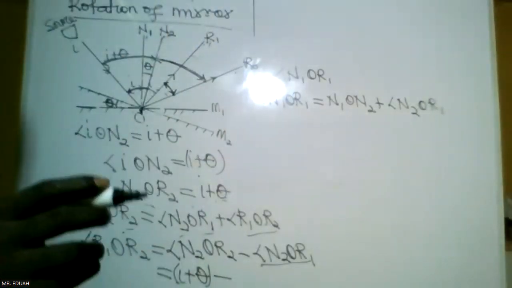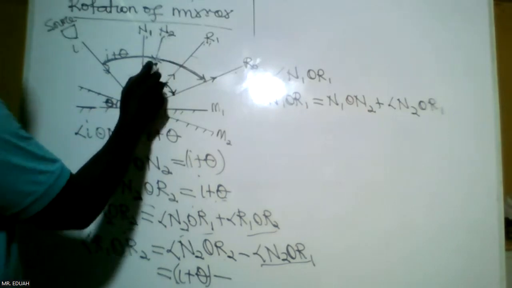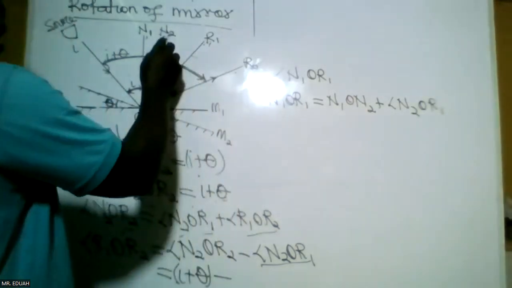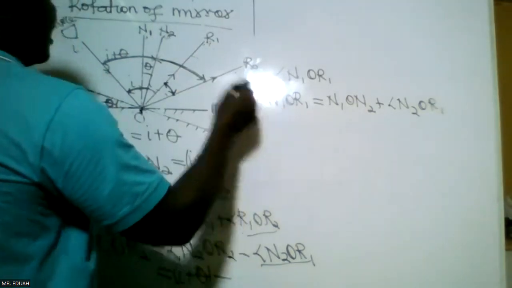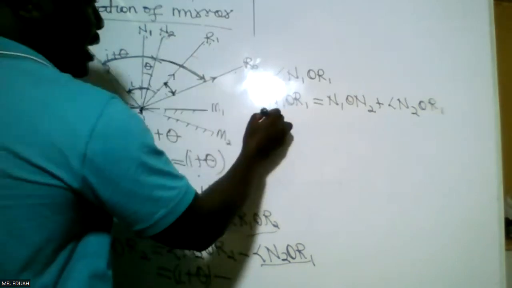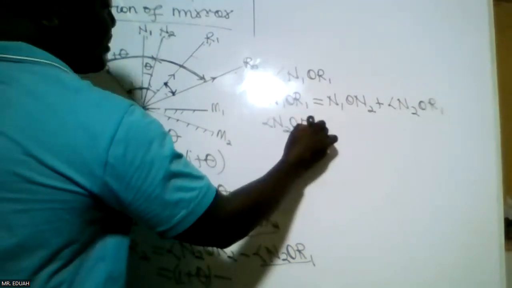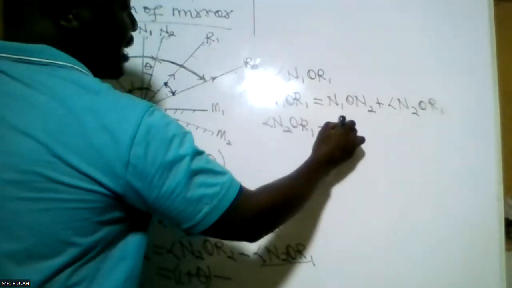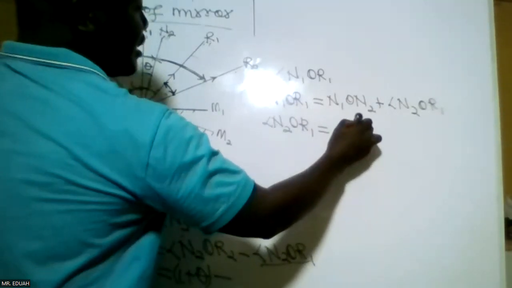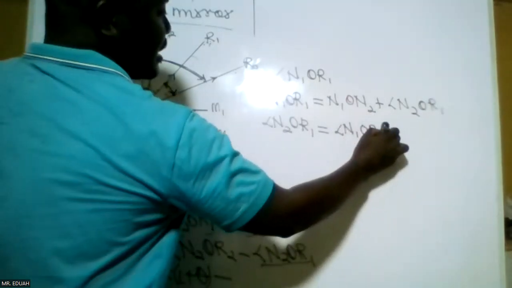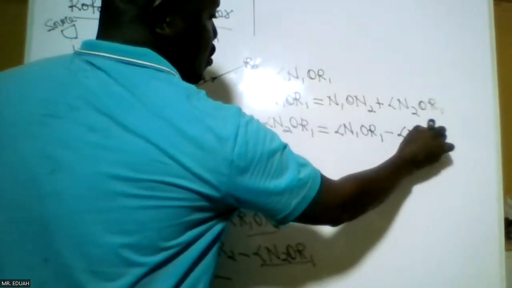Now you just saw that this is what we are looking for. So when you make angle N2OR1 the subject, this is equal to angle N1OR1 minus angle N1ON2.